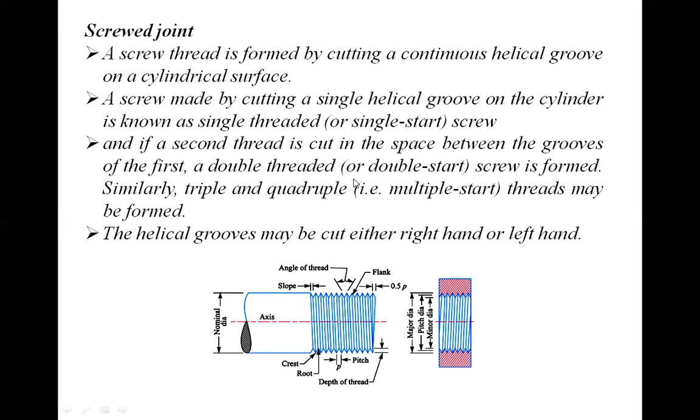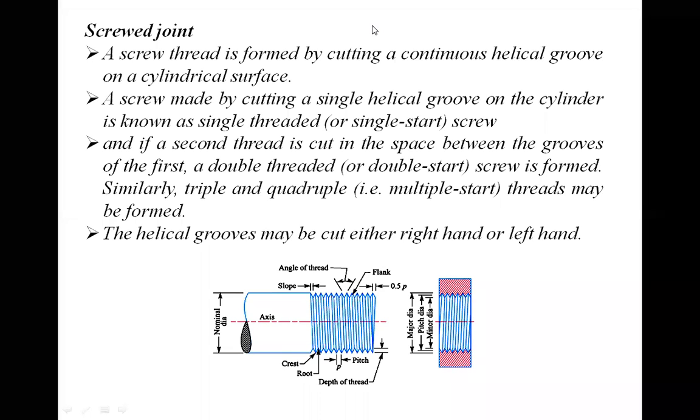If you just look at this picture, you will find the nominal diameter, the major diameter, the pitch diameter, the minor diameter, that already we know. So these are the diameters. We know that there is a pitch. So pitch of that screw is also known.